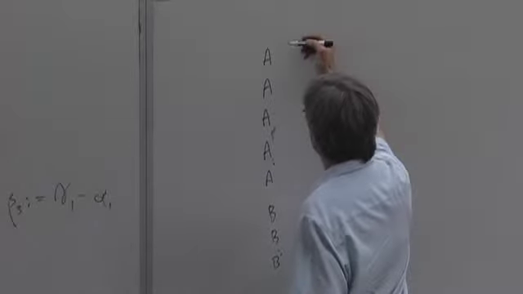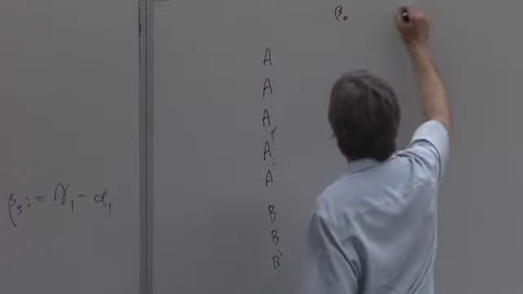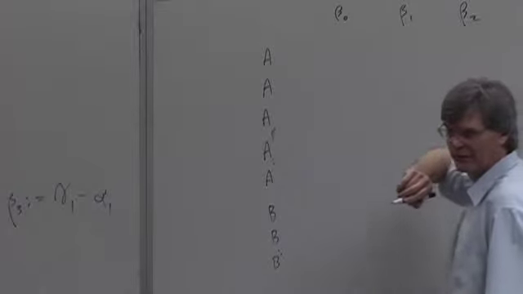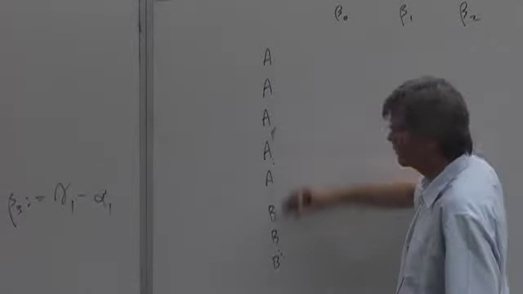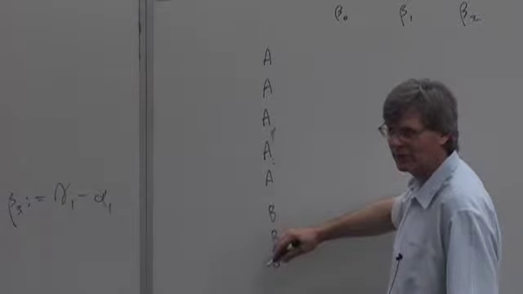Okay, let's see. So then I'm going to have my beta 0 column, and then a beta 1 column, and then a beta 2 column, and then a beta 3 column, right? This I'm not going to actually use for my X matrix, but I'm going to have to key off it.